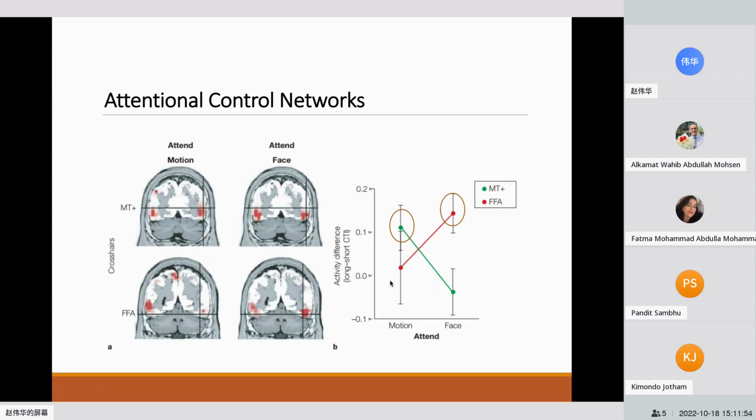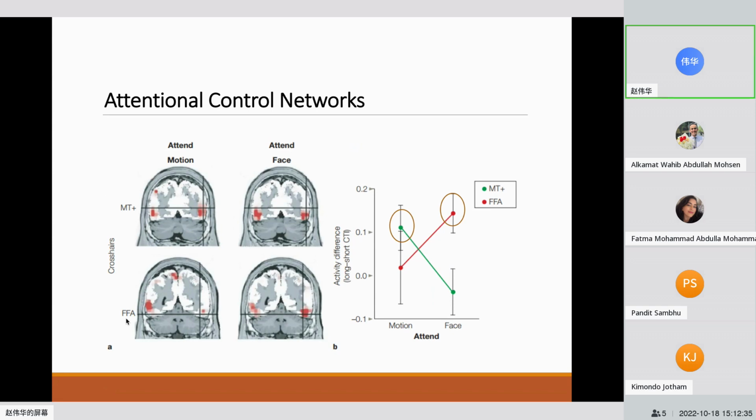This study also showed activations in posterior brain regions when coding motion. So it's MT here, MT plus, which is V5, and the FFA, the fusiform gyrus, induced by TMS to FEF when participants were attending to motion and attending to faces.